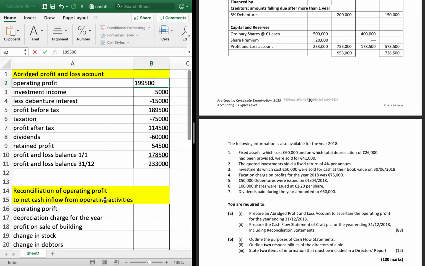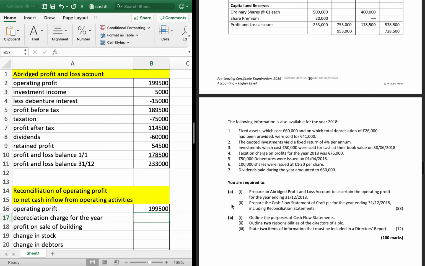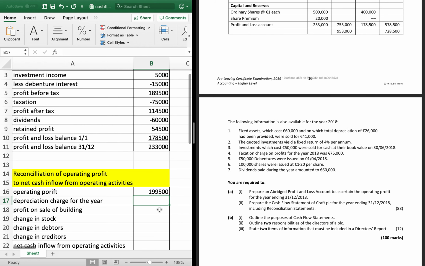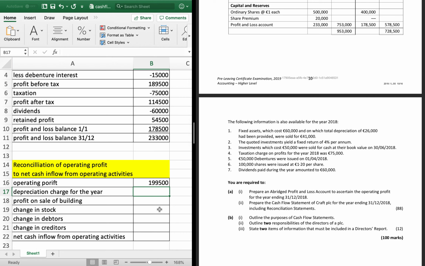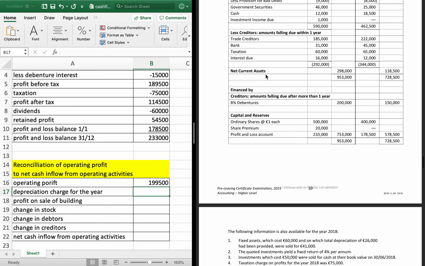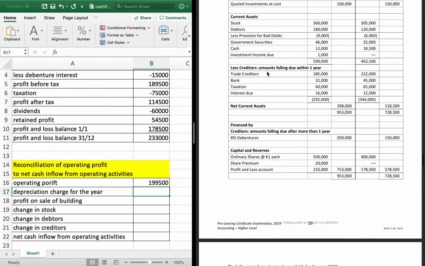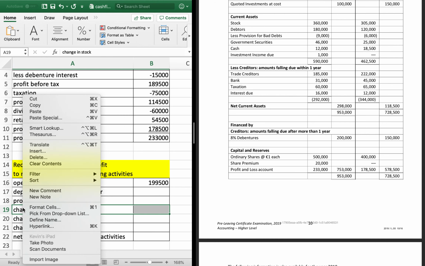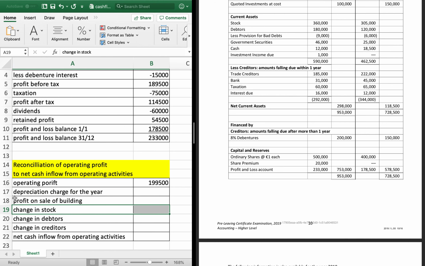Okay, and that's your first part done, and that becomes your starting point for your second part, which is your reconciliation of operating profit to net cash inflow from operating activities. We'll do the easy ones first: the change in stock, change in debtors, and change in creditors. There's a bad debt provision, just note that.